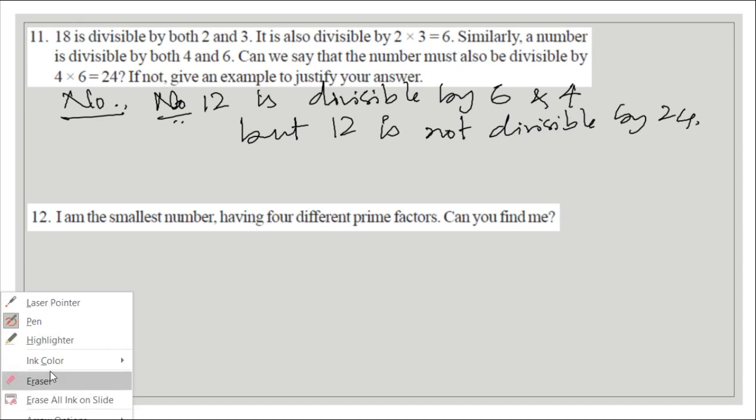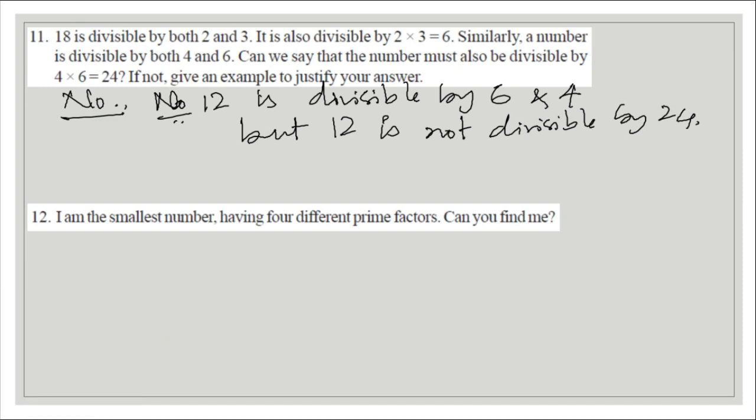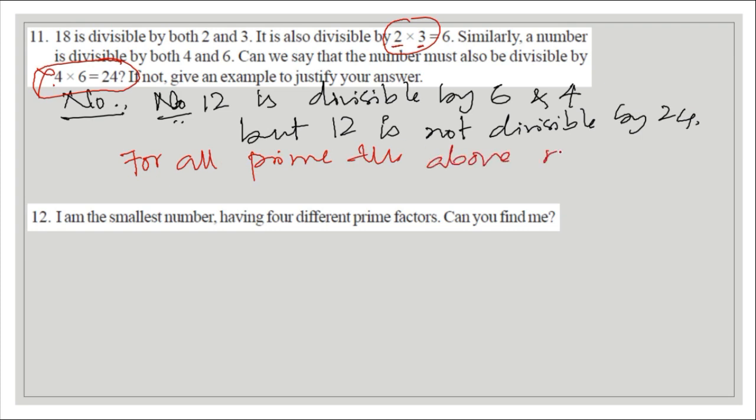Then why was the earlier case true? You must always remember that 2 and 3 both are prime. So this possibility is not there because 4 and 6 are not prime numbers. For all primes, the above relation holds true.